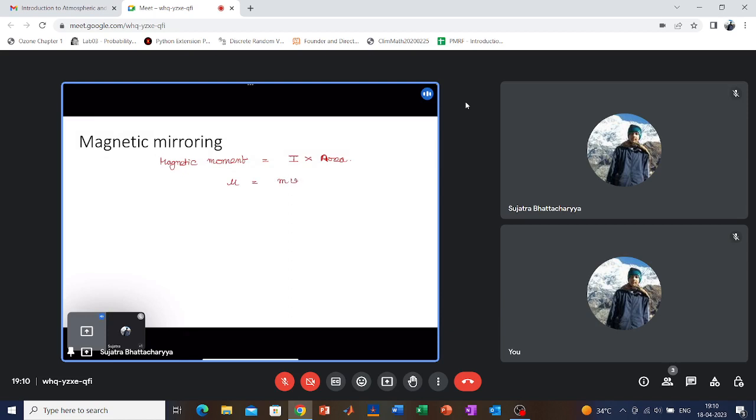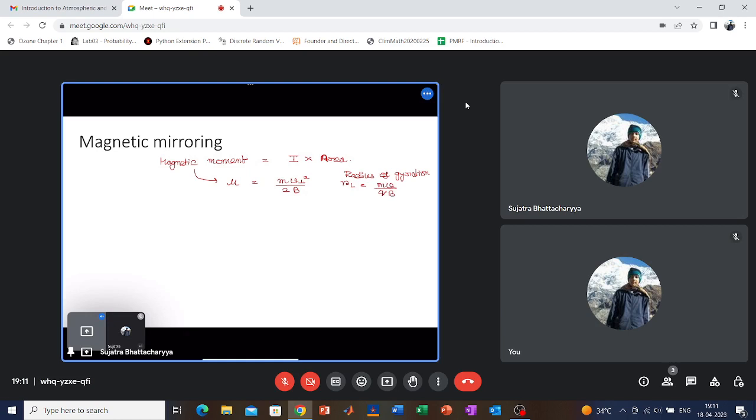It is m v perpendicular squared divided by 2B. Okay. And also we know that the radius of gyration R_L is equal to mv divided by qB. Right.